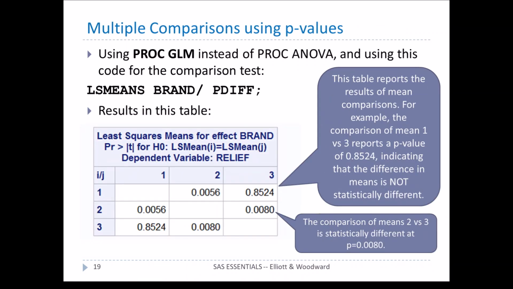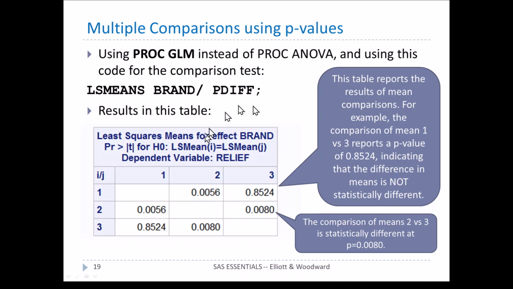All right, if we use PROC GLM, we just go in there and change the word ANOVA to GLM and use the LSMEAN option, LSMEAN brand / PDiff, we get this table. So this table reports the results of mean comparisons. For example, the comparison of mean 1 versus 3.